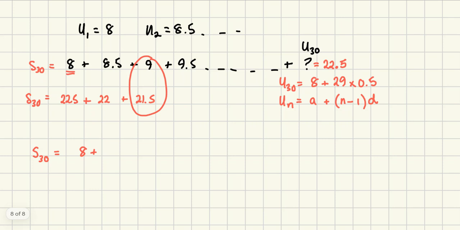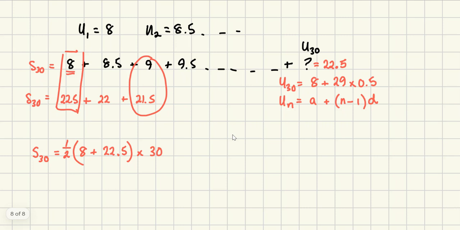It's going to be 8 plus 22.5, times 30, over 2. If I do a half times that, because I know what's coming. First term plus last term, is that equal to 30.5?